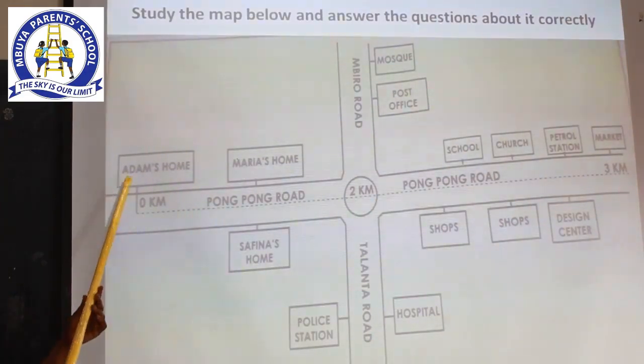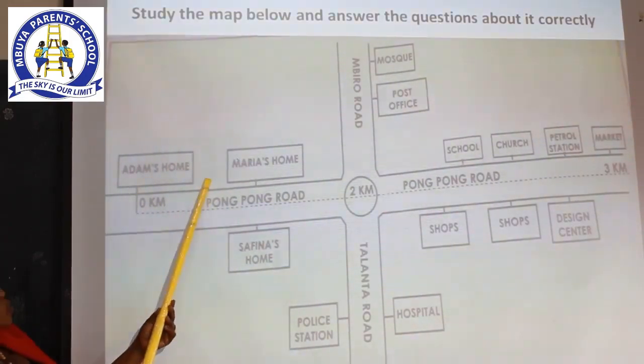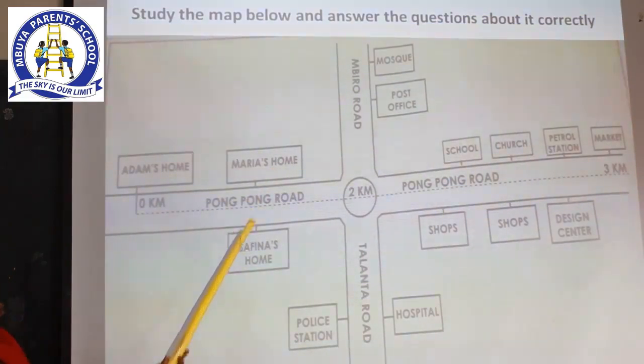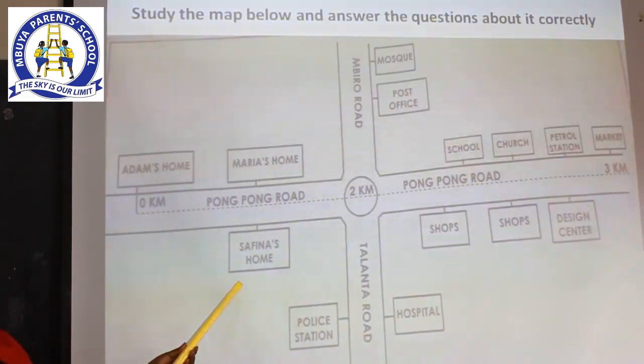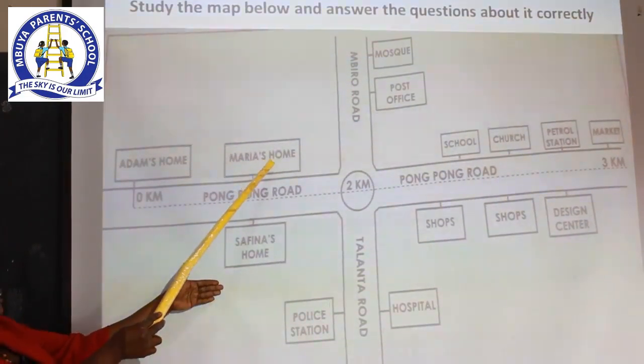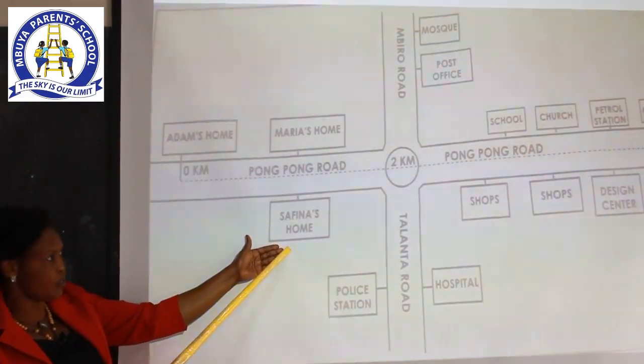We have here this home, somebody's home. This is Adam's home. Next to Adam's home, we have Maria's home. When we come down here, this is now opposite to. We are seeing Maria's home opposite to Safina's house.